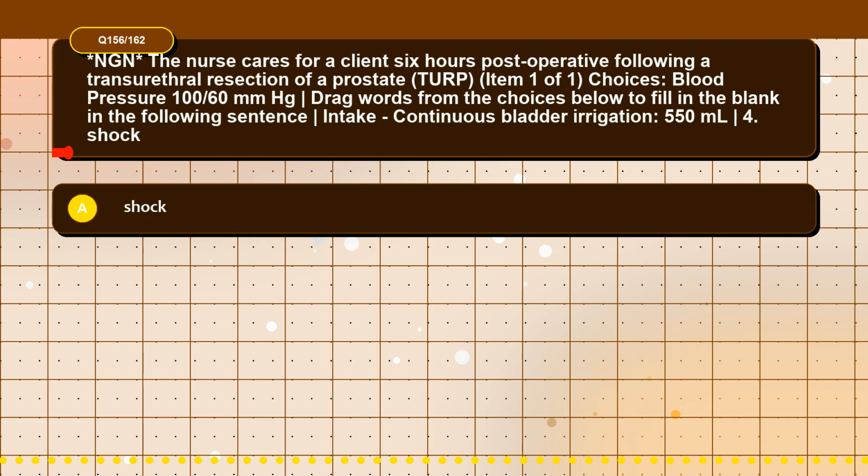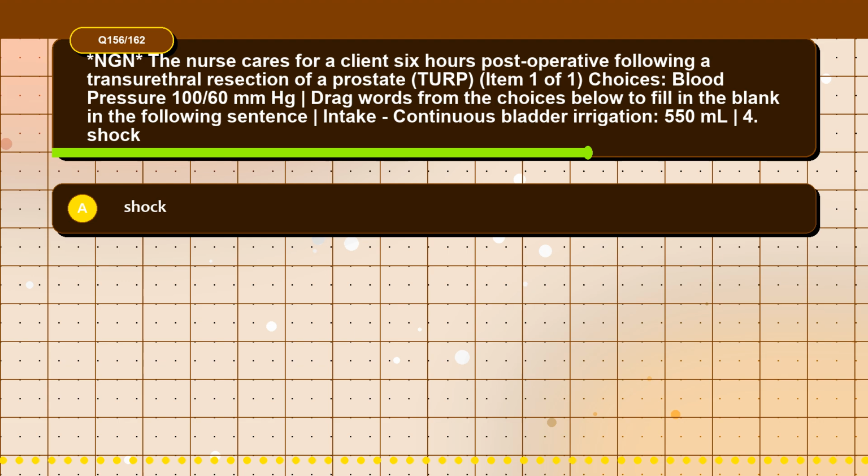Question 156. NGN. The nurse cares for a client 6 hours post-operative following a transurethral resection of the prostate, TURP. Item 1 of 1. Blood pressure 100/60 mmHg. Drag words from the choices below to fill in the blank in the following sentence.